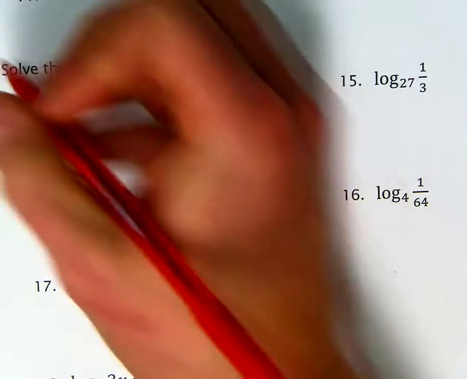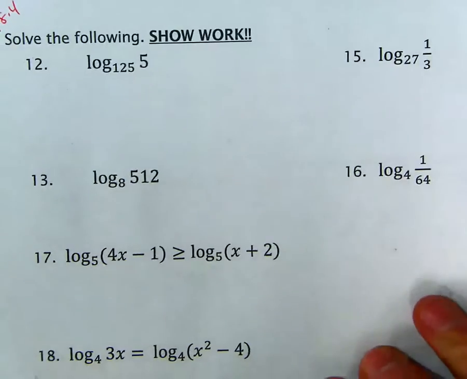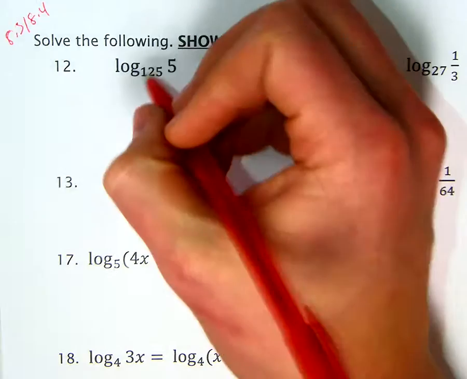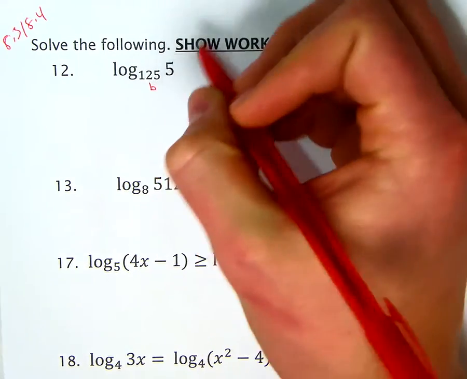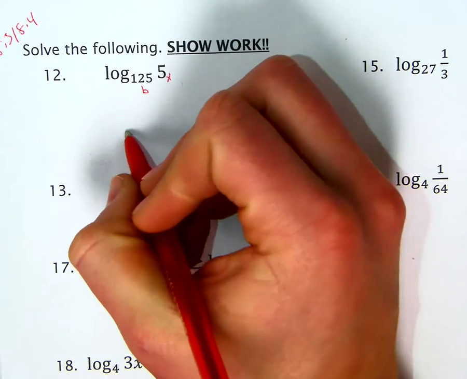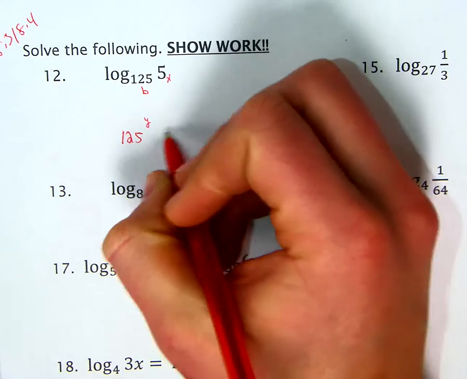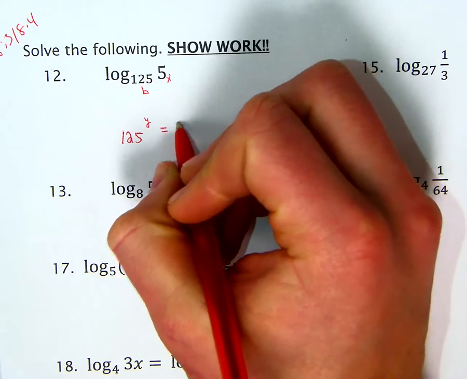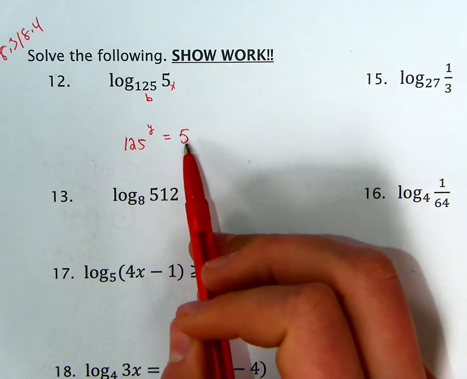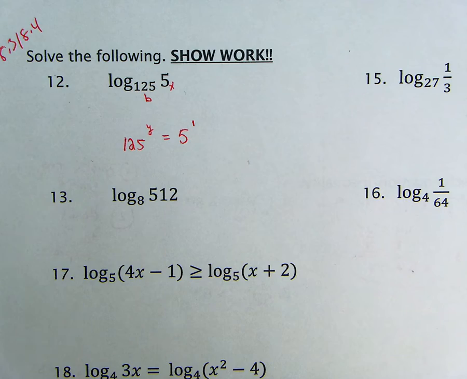Now this is kind of a combo of 8-3 and 8-4. So log base 125 of 5. Again, we're going to label, so we have b, we have x. We don't have y, that's fine. So I know what b is, though, that's 125. Y is right there, equals whatever x is, 5. All right? Now, I need to get the base of 5.